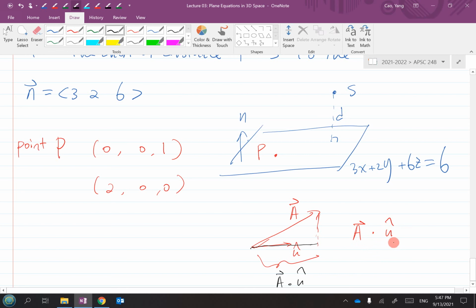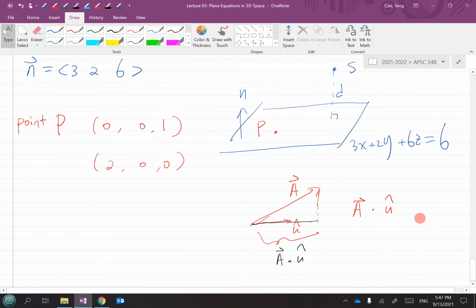So which direction is U hat in? It's in the direction of the length you're looking for. Currently, what is the length? This is the length here, the D. Then what direction can I use to represent this direction?